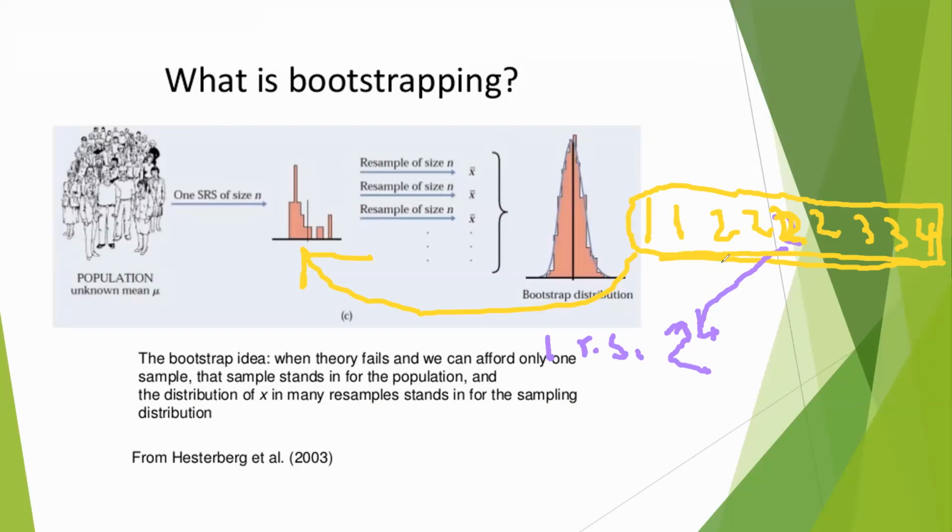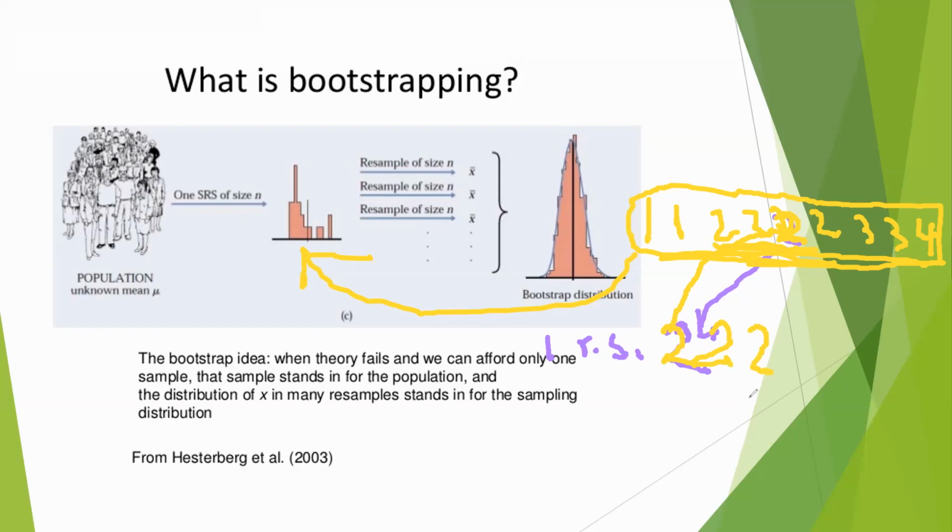We call this sampling with replacement, because for the first value, you already took this 2 out. But before you sample the second value, you have to put the first 2 back to the original sample. So it's very likely the second time you got another 2, right? Because 2 is the most frequent value in your original sample. Does that make sense?